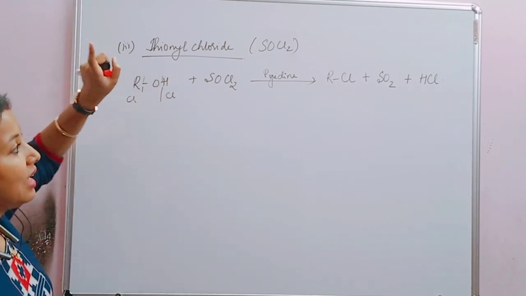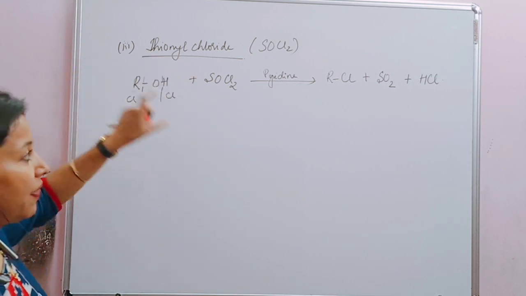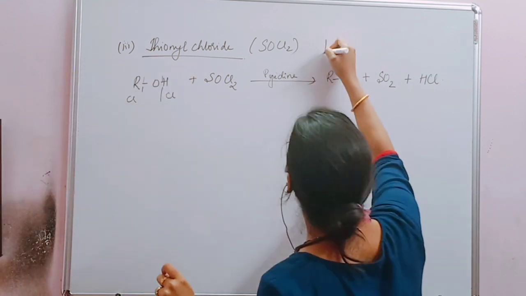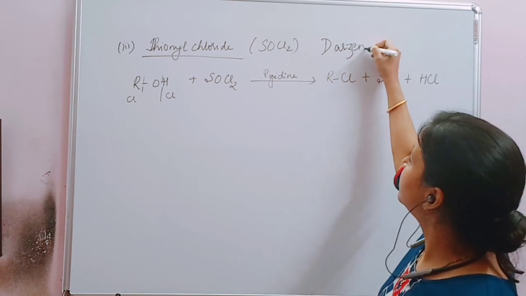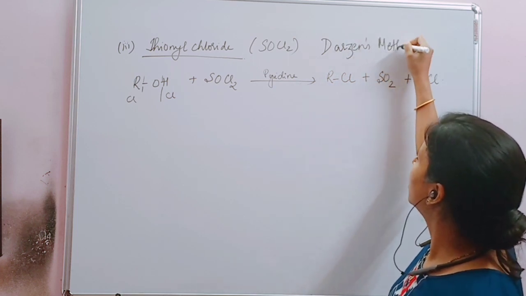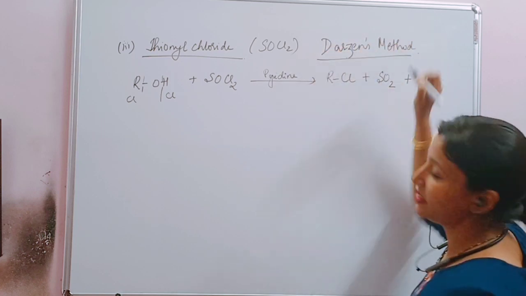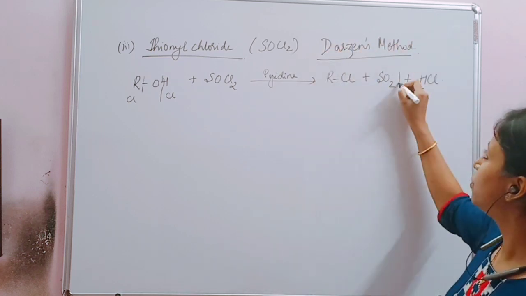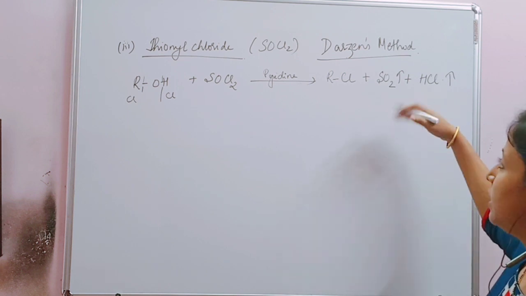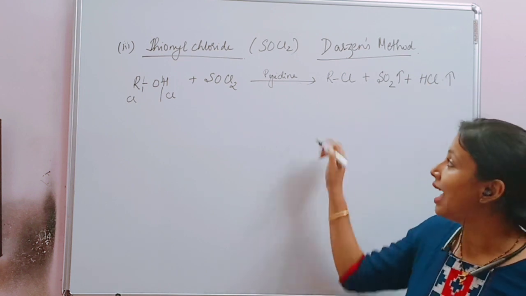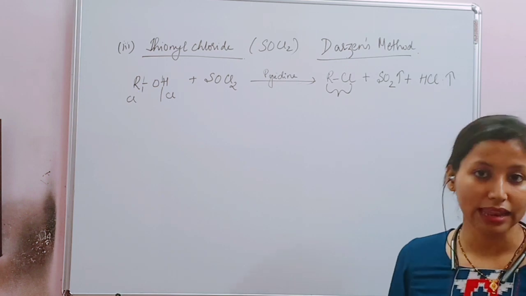Why is this method important? First of all, remember that the name reaction is Darzens method. Both SO2 and HCl are volatile gases. They will be eliminated from the reaction medium and you are left with only the alkyl halide.